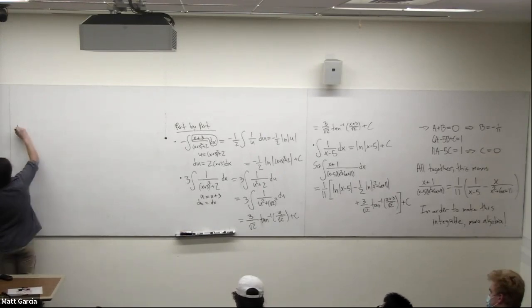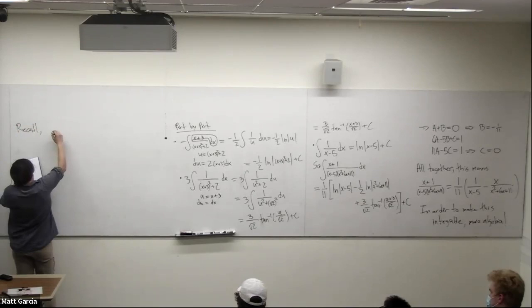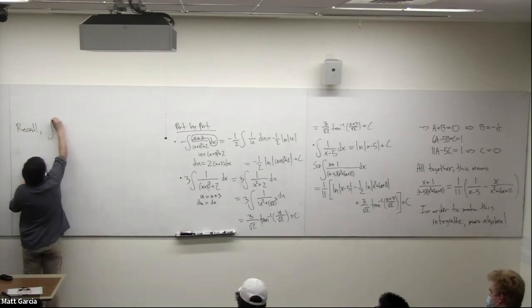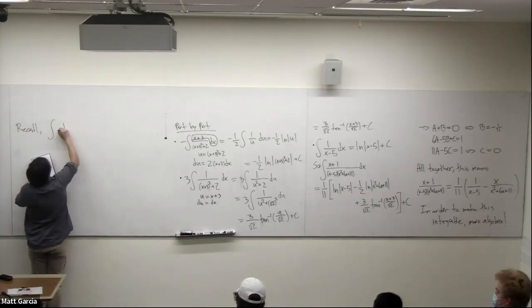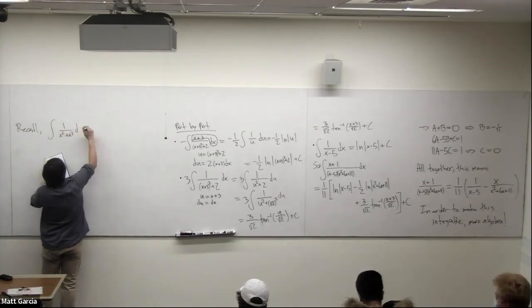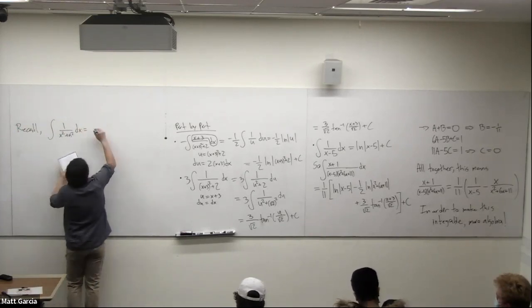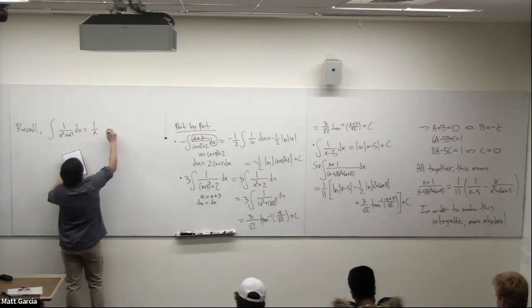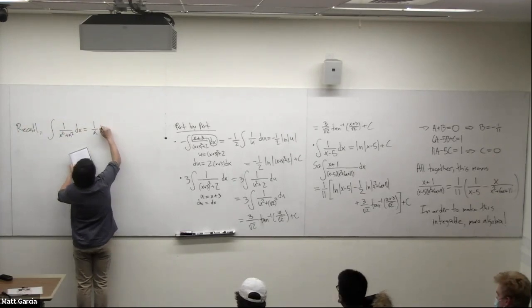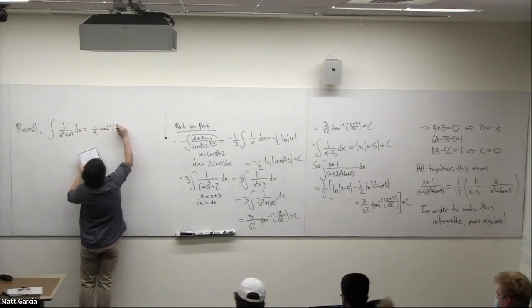Recall the antiderivative of 1 over x squared plus a squared dx is equal to 1 over a inverse tangent of x divided by a plus c.